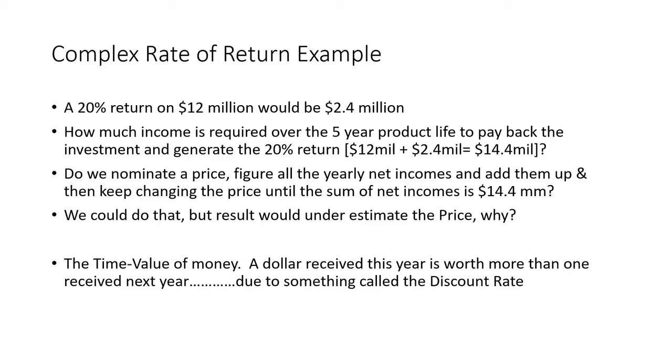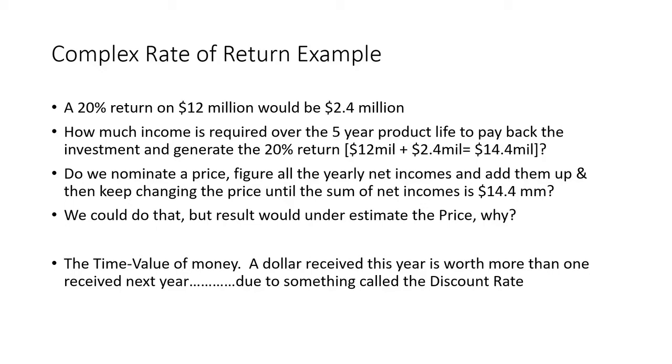And that's because effects like inflation, possible devaluing of currency, as well as the opportunity cost of waiting to receive a dollar next year, means overall a dollar received today is more important to us than a dollar received next year. After all, if we receive a dollar today, we can do something with it.